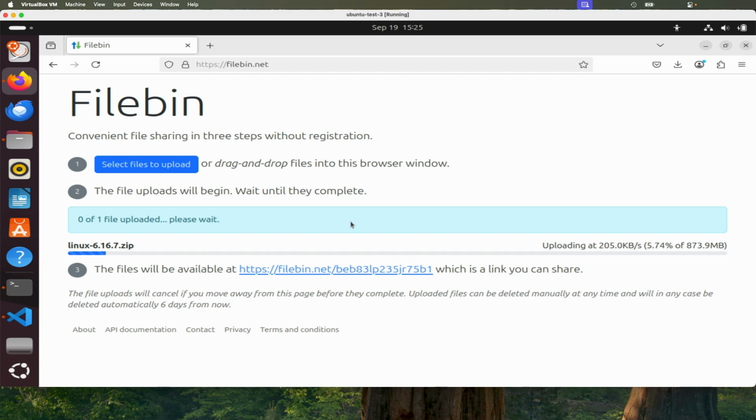Going over 200 kilobytes per second again. About a minute left. Still again, so it's probably going to go down again. And yes, it's going down.